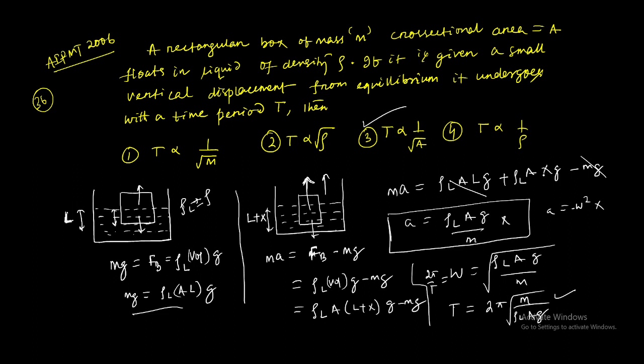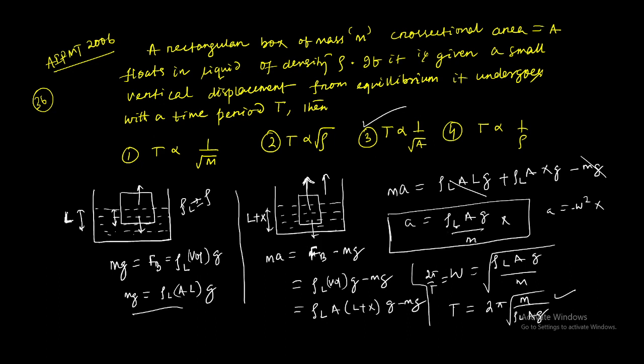From this buoyancy force, you can see this is rho A L g, and the acceleration you can write down directly from here, that is going to be rho A g divided by m. Got it or not? You can directly write this down without doing all this calculation. Okay.